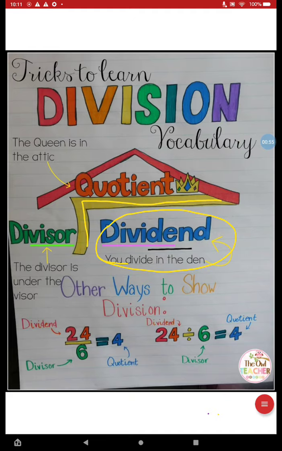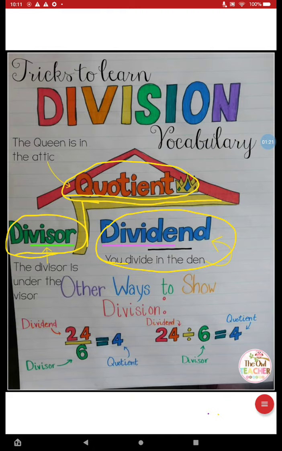A den is another word for like a living room. So the dividend is in the den. The divisor is under the visor, okay? He's outside. The visor is like your covered porch. The divisor is under the visor. The quotient is the queen in the attic. Quotient queen in the attic, so the quotient's at top, all right?